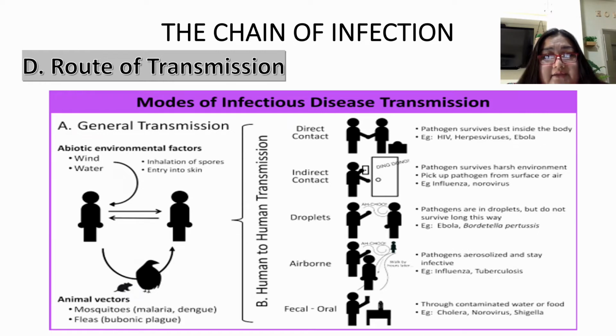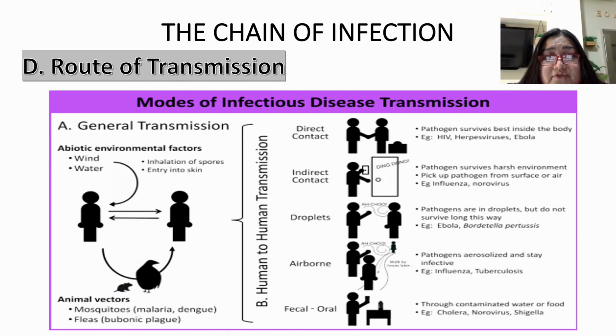Indirect contact is when the pathogen survives harsh environments and occurs when a human excretes the microorganisms on a surface or in the air. Then, another person touches the surface or inhales the air.